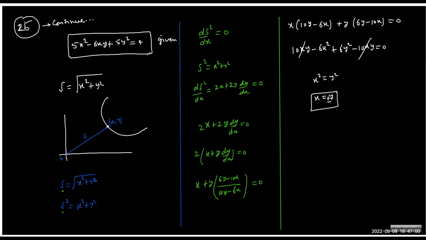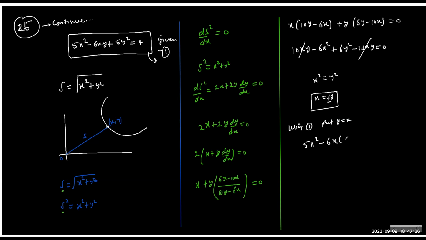And we have to solve the question. So now we have to go back to the constraint. We have one equation here, which is the relationship between x and y. We'll solve one by one, substituting x equals y and so on. So using the constraint, 5x square minus 6xy plus 5y square. Let's put y equals x, we will take the positive value.